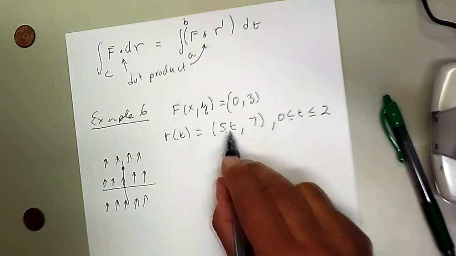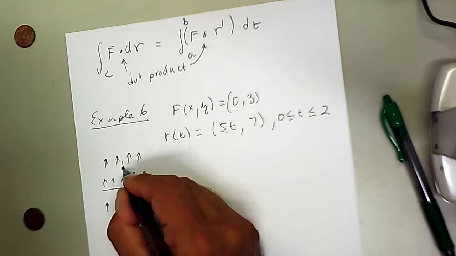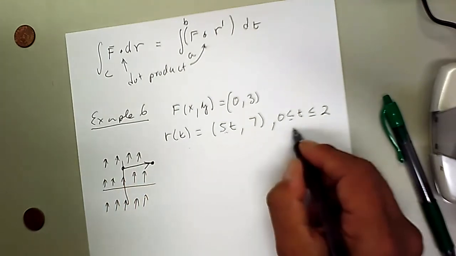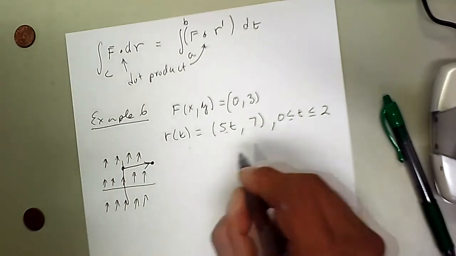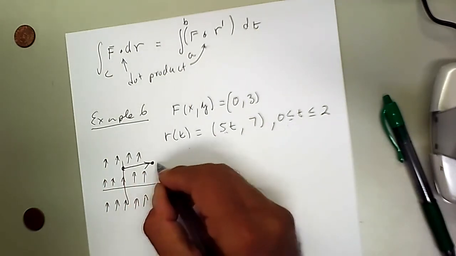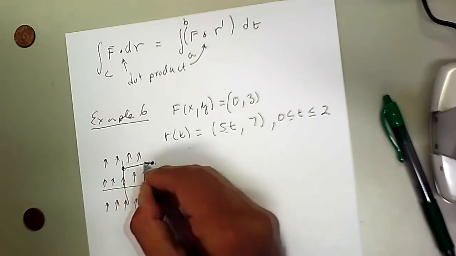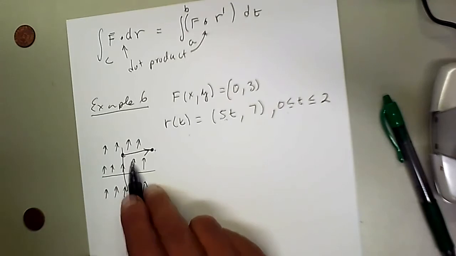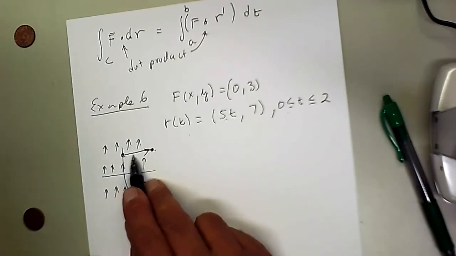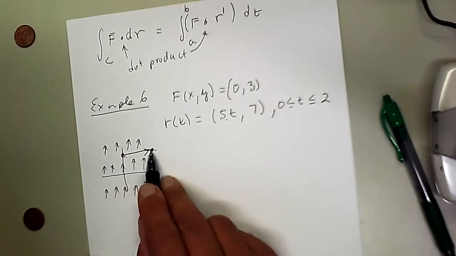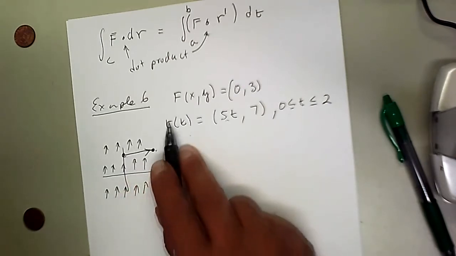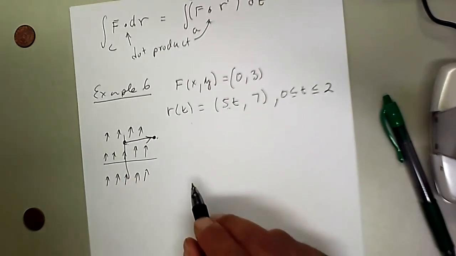And it's going to be 7 no matter what. And we're going to end at 10, 7. So from 0, 7 to 10, 7. And we want to know the contribution of this. So pretend this is physics and this is a particle that is moving. We have a motion going horizontally in spite of a vector field that is going perpendicular.